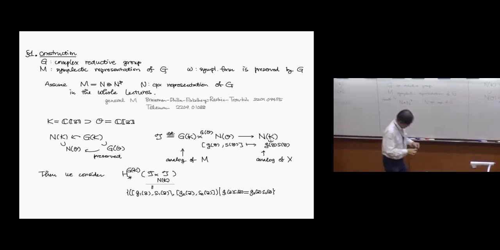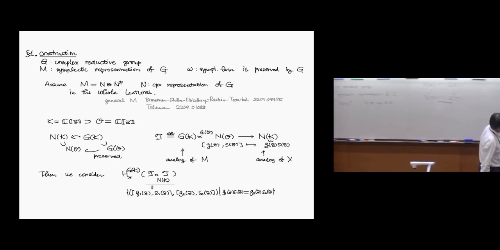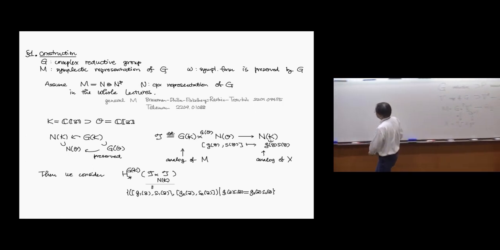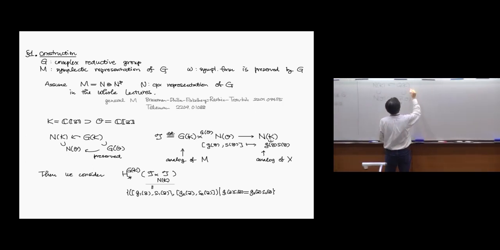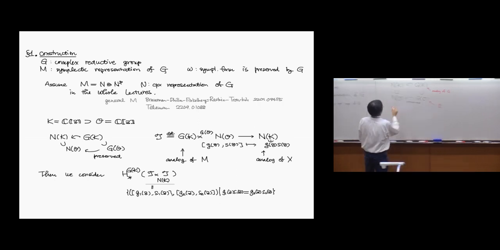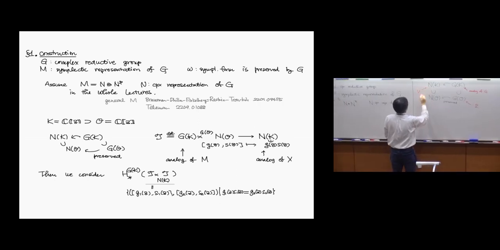So this is exactly the situation which I kept in here. So G, this is analog of G. And this is analog of P. And this is analog of B. And this is analog of V prime.